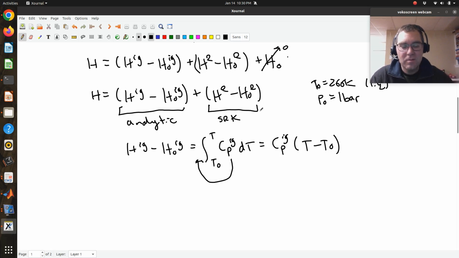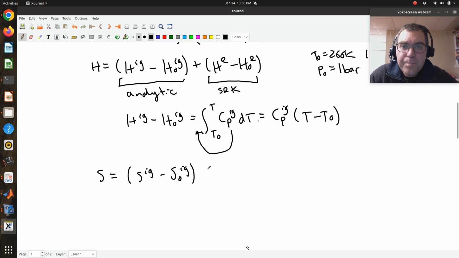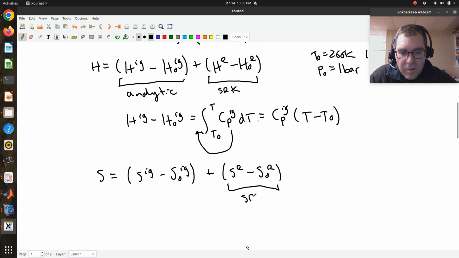So that's that. Let's get our equation for S before we jump over to MATLAB and solve. To get S, we're going to end up with the same equation: S ideal gas minus S naught ideal gas, plus S^R minus S naught R. Same thing: we'll compute the residual part using our code for our SRK equation of state.